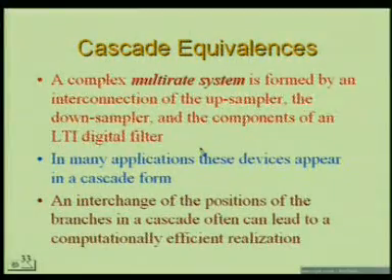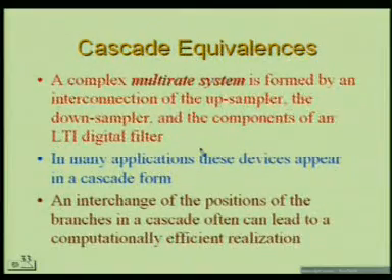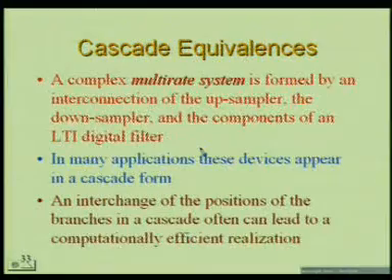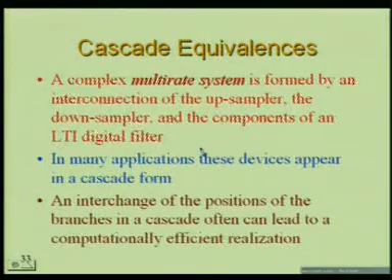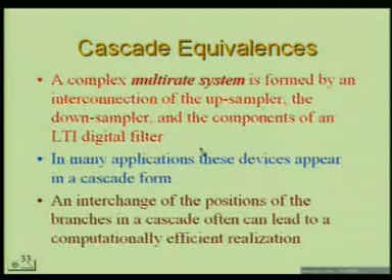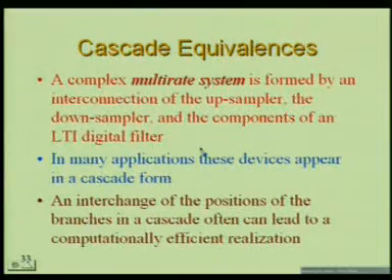Now, you can think of a complex multi-rate system, where we can incorporate both upsampling as well as downsampling, or downsampling followed by upsampling. Both are possible, but we should do it in a proper way, so that the memory requirement and computation time are reduced.